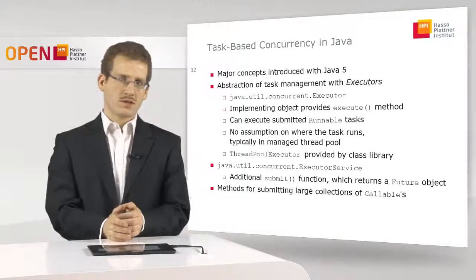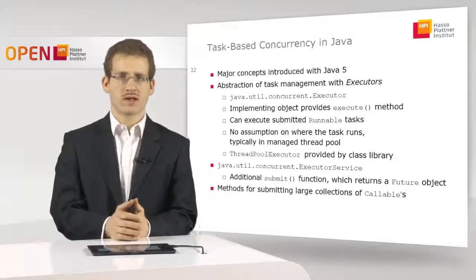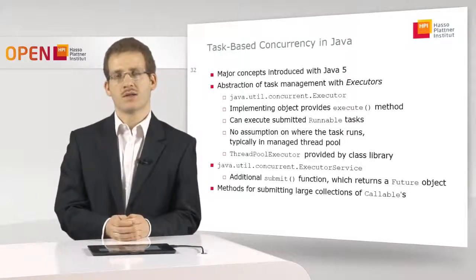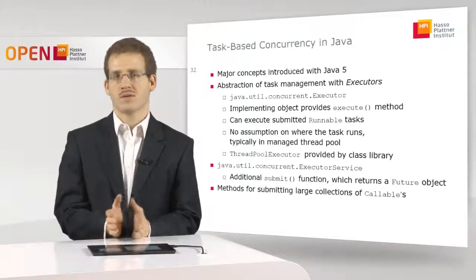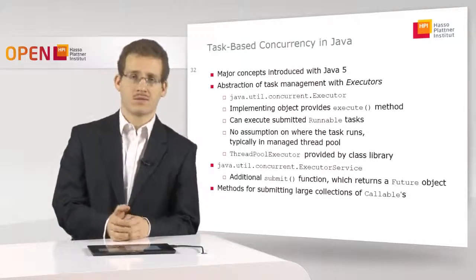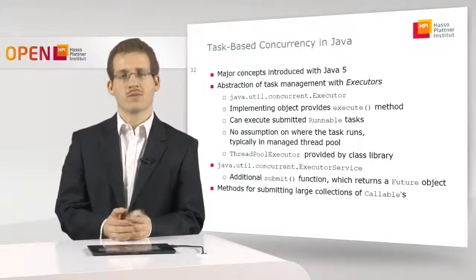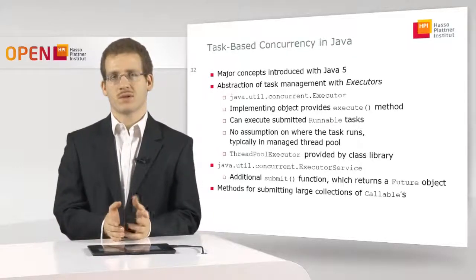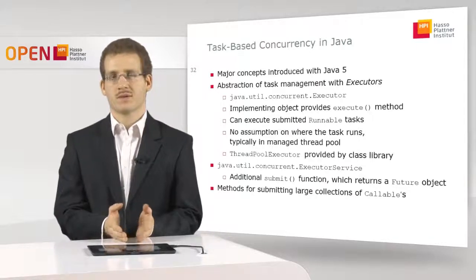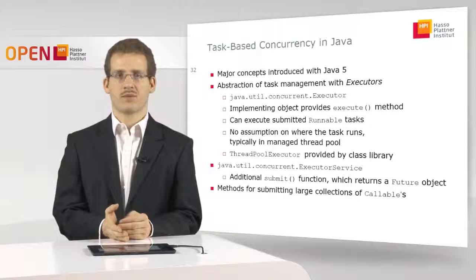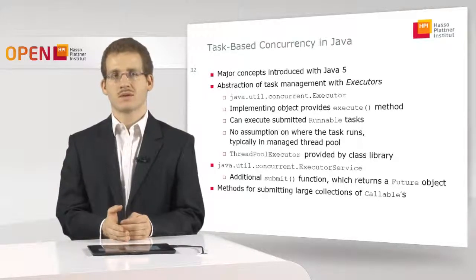When you want to go a little bit higher to managed languages like Java and C#, the question is, do we have the same high-level support for concurrency also there? And the answer is yes. Meanwhile, for a longer time, since Java 5, for example, in the Java world, we have support for abstract definitions of tasks. This is implemented by so-called executors.